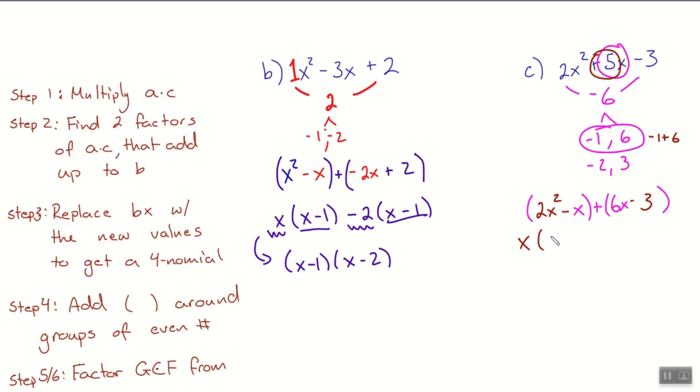Are you sure it's x minus 1? 2x minus 1. Is there anything that I could possibly take out of this to ensure that I leave behind a 2x minus 1? If I take out a 3, I get a 2x minus 1. Do these match? That's the key. This is one of my factors. When we break this guy down, we now have 2x minus 1. And the last one? X plus 3. These are my two factors.